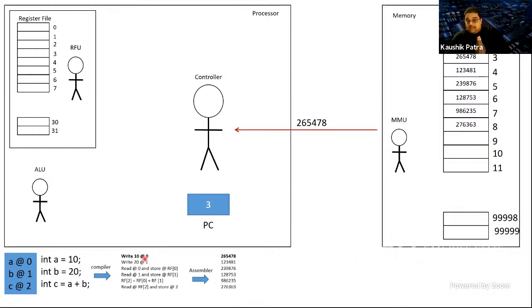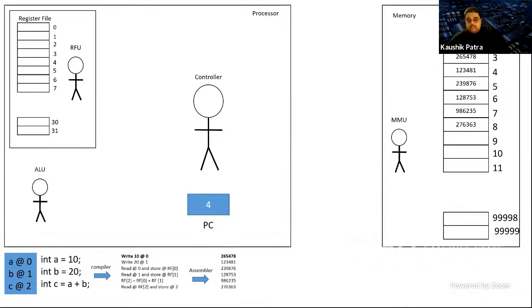So it understands that at this point. Now it issues this write 10 at address 0. It sends that to memory, and memory writes that value to that memory location. And at that point, your program counter is also updated to the next instruction, 4.